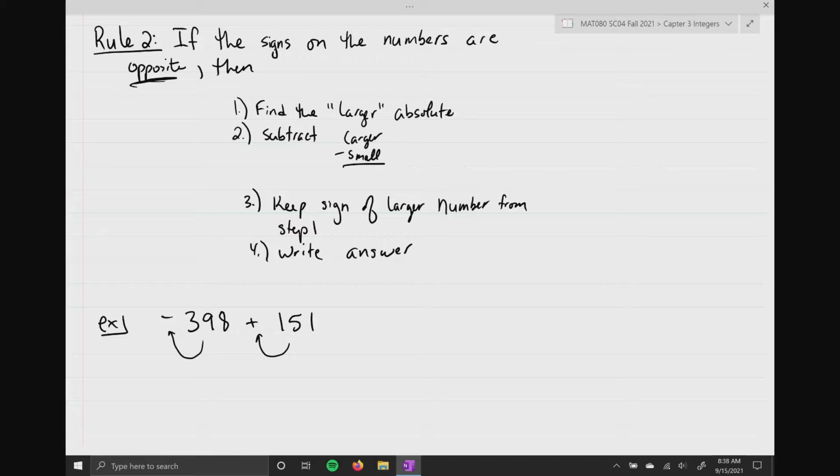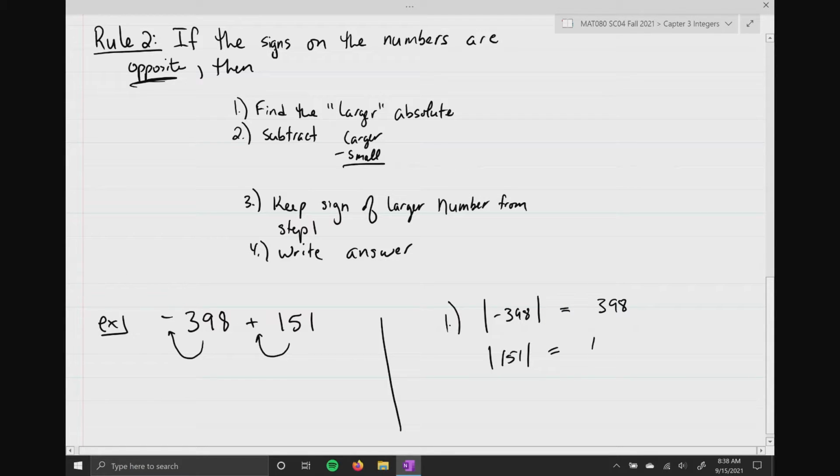Off to the right, I'm going to write step 1, and I'm going to find the absolute value of each of these. Now, last time I checked, the absolute value of negative 398 is 398. Absolute value of 151 is 151. So my 398 is considered the larger number.